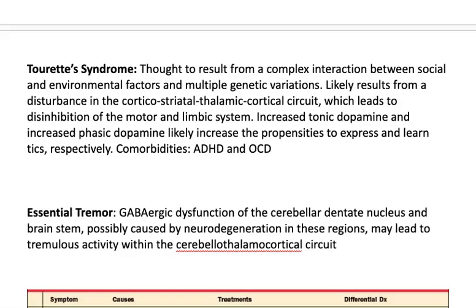And this often has genetic causes. And what it leads to is what we call tremulous activity, or just a tremor in the extremities, so the arms or the legs. And it's thought to be caused by the pathway from the cerebellum to the thalamus to the cortex.